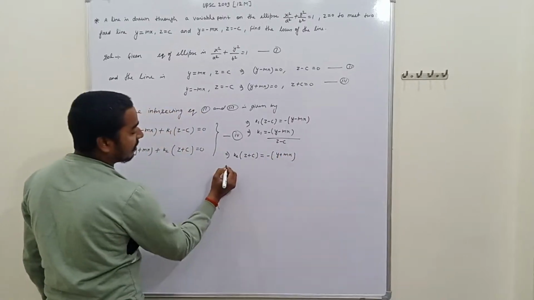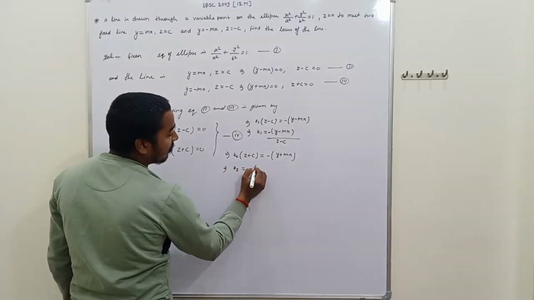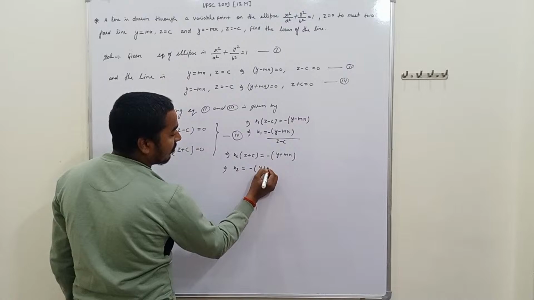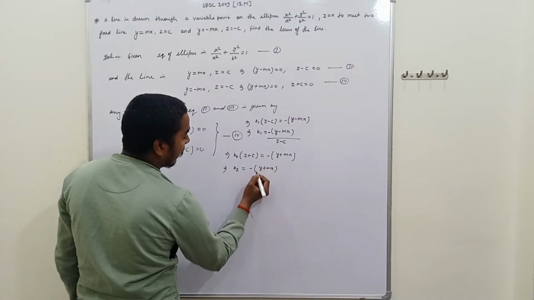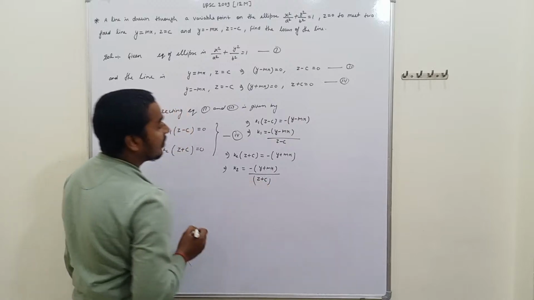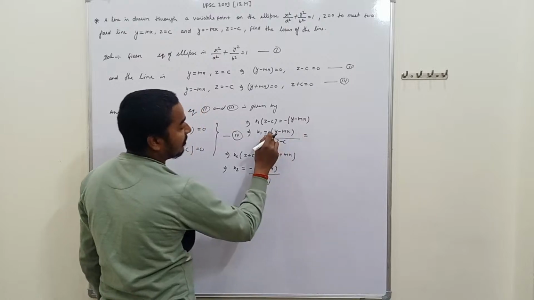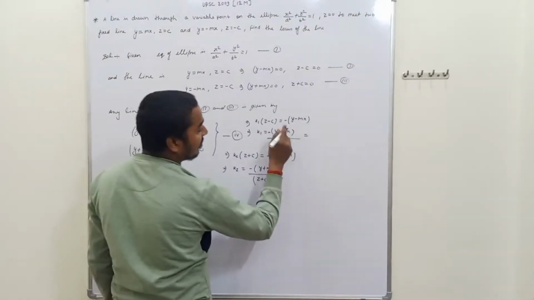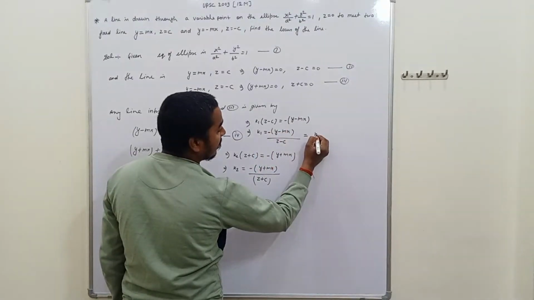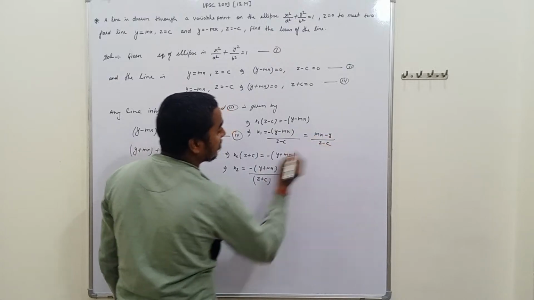So k2 is equal to minus of y plus mx upon z plus c.